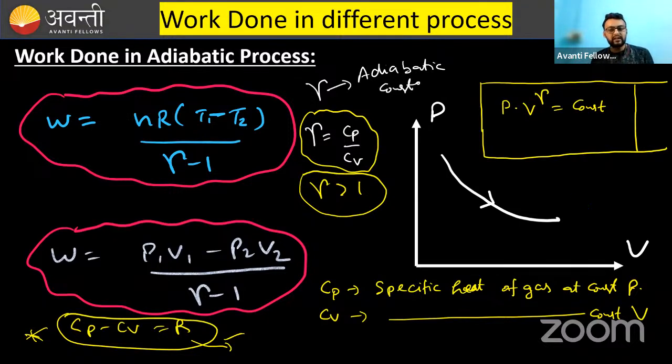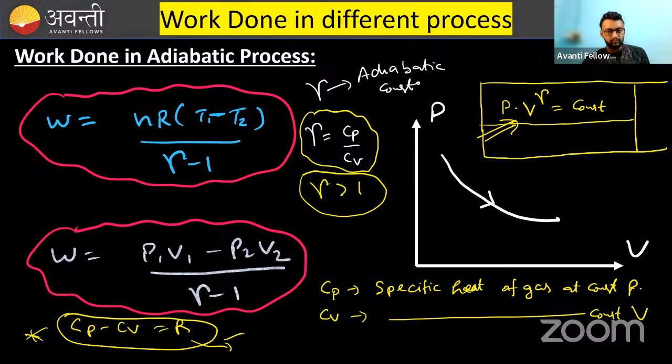For the adiabatic process, the relation is P into V raised to the power gamma is constant. This question is directly asked: for an adiabatic process, there might be 4 options, including this one. Then which option is correct? This option is absolutely correct for the adiabatic process. What is an adiabatic process? The process in which no heat transfer takes place. Heat cannot be transferred between system and surrounding.